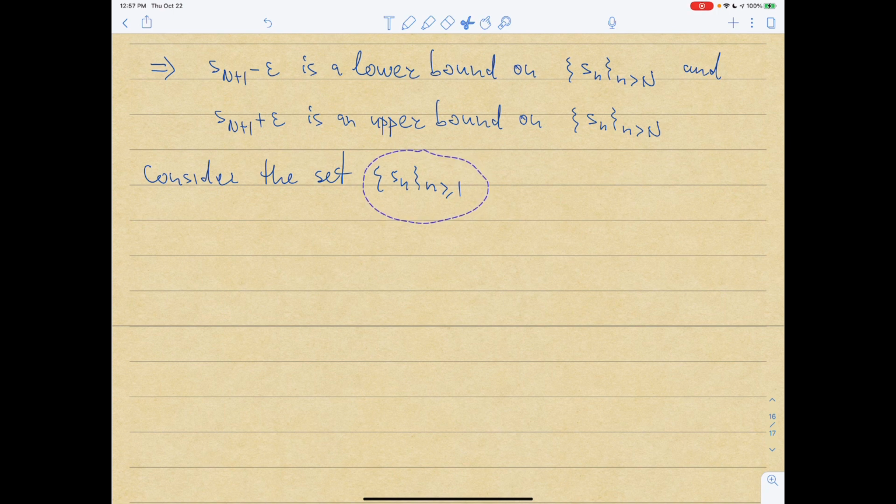And then what is the difference between the larger set and the smaller set in this case? The difference is the first capital N elements. So how large can an upper bound on the big set be? It should be larger than an upper bound on the subset, and it should be larger than any of the first capital N elements. So if I take a maximum of the first capital N elements and an upper bound on this subset, then I should get an upper bound on the entire set.